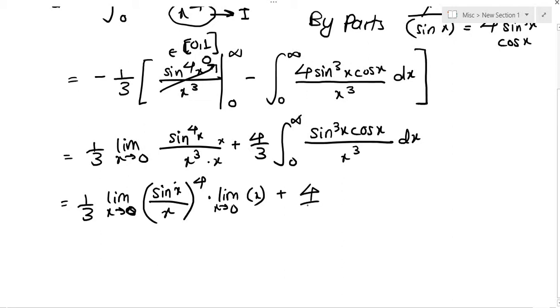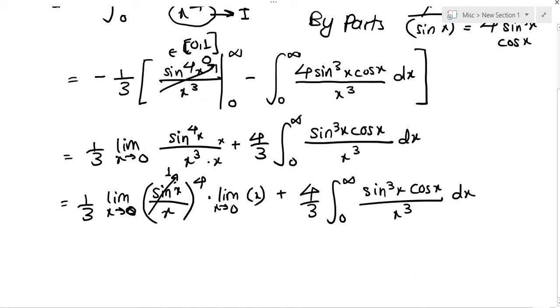plus 4 over 3 times the integral from 0 to infinity of sine cubed of x times cosine of x divided by x cubed dx. Well, you can take the limit inside the fourth power so that this will become 1. 1 to the fourth is 1. But now notice the limit as x tends to 0 of x is going to be 0.